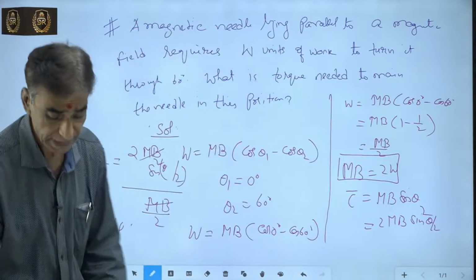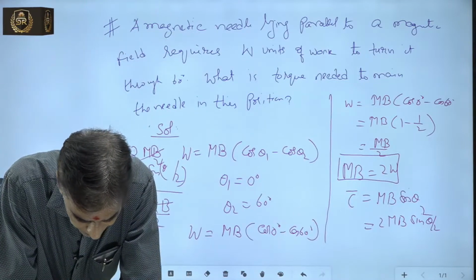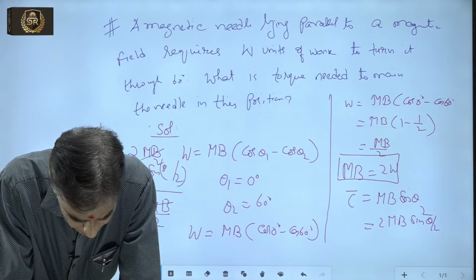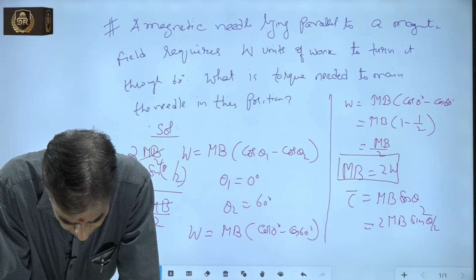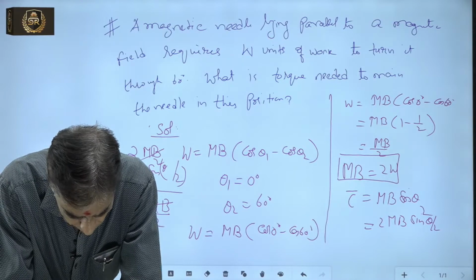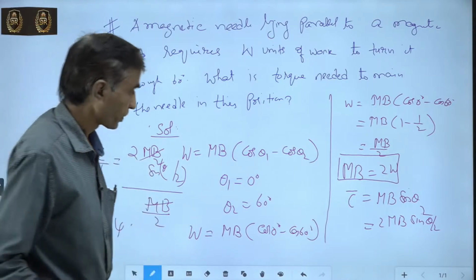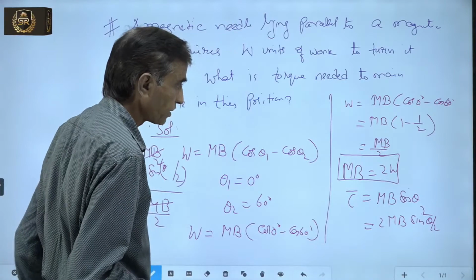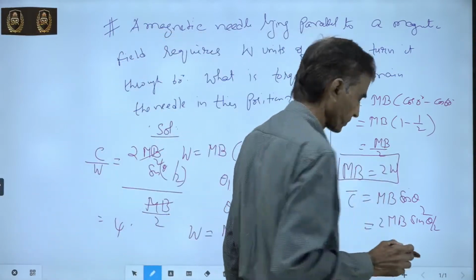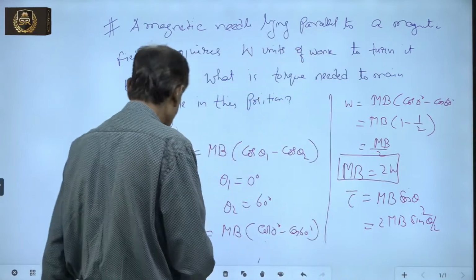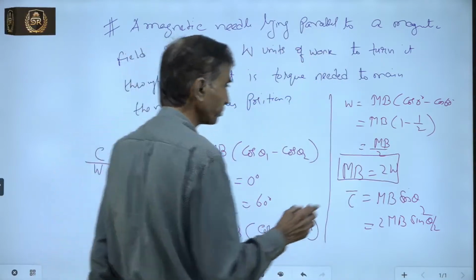Then what is the angle given here? When we divide that, W is equal to, here we have to write this MB, because for easiness we can write that. MB we can write, isn't it?